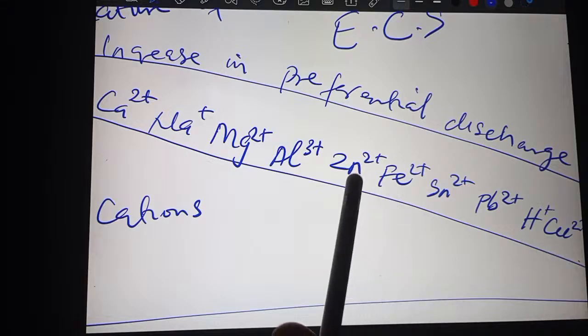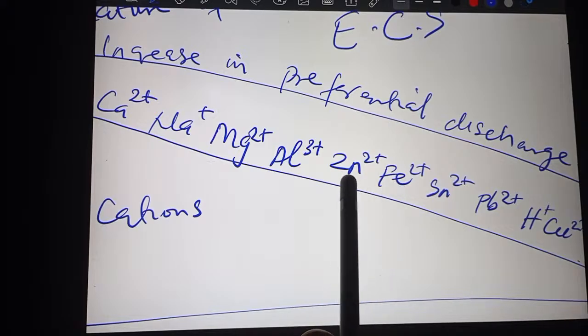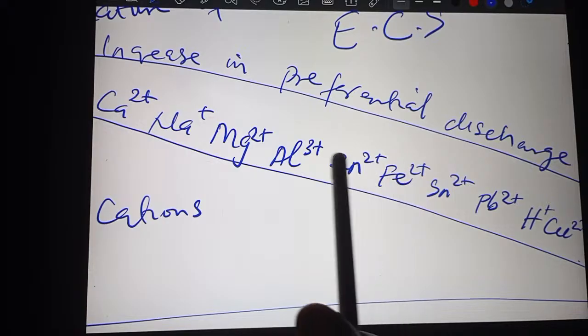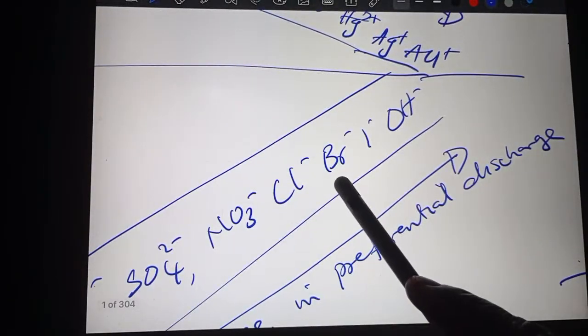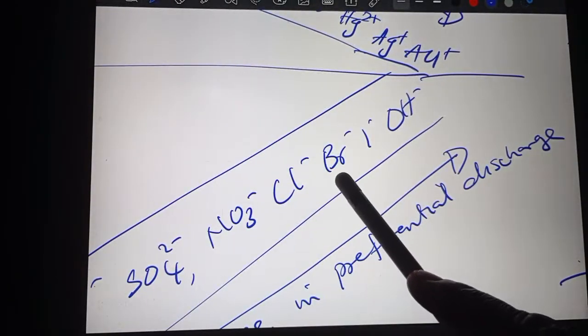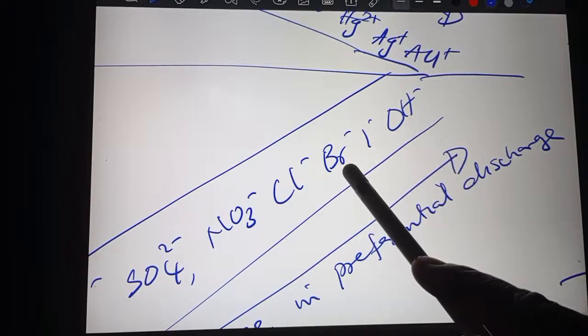But if you see zinc and iron, mix them, iron will be discharged at all circumstances. But if we increase zinc, concentration of zinc like 4 times that of iron, you will get zinc instead of iron. The same thing is applicable when you come here. You see bromide ion. If you increase concentration of bromide ion more than hydroxyl, bromide will be discharged.